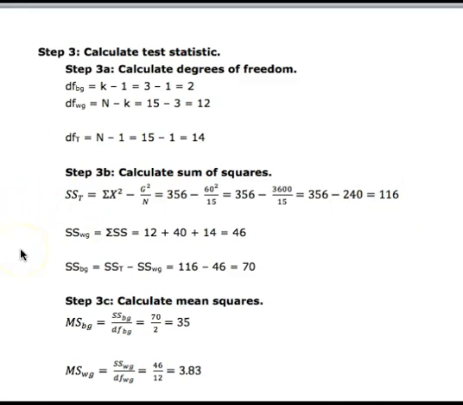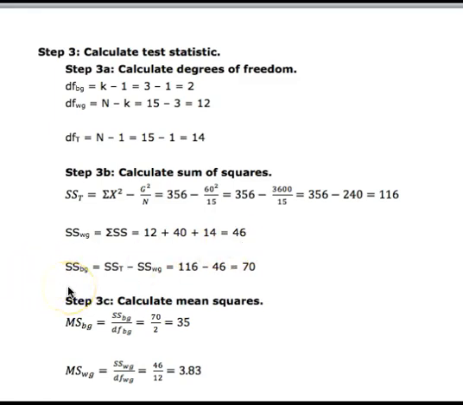Now we need to partition that between the sum of squares within and the sum of squares between. Sum of squares within is really simple. It's just the sum of the sum of squares within each group, which was 12 plus 40 plus 14, giving us a sum of squares within group of 46.